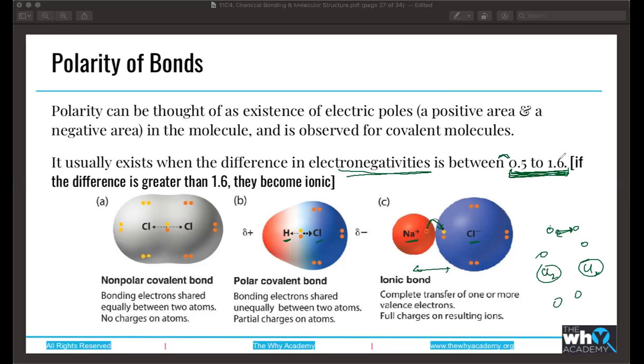Then you will have one of these van der Waals forces, London dispersion, dipole-induced dipole, or dipole-dipole, whichever it may be. So ionic and covalent are only between atoms in the same molecule, but London dispersion and dipole-dipole are between molecules.